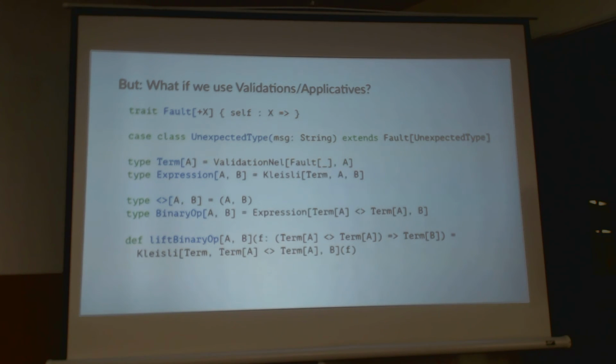We have a binary operation, which is just saying, okay, you have your left and right term inside the expression, and going to the actual value of type B. We're going to have a method called lift binary operation where we're saying, okay, I'm going to lift a function, term A, diamond term A, to term B, into a Kleisli of term A, diamond term A to B. Just apply it to this function right here. That'll lift with the binary operation.